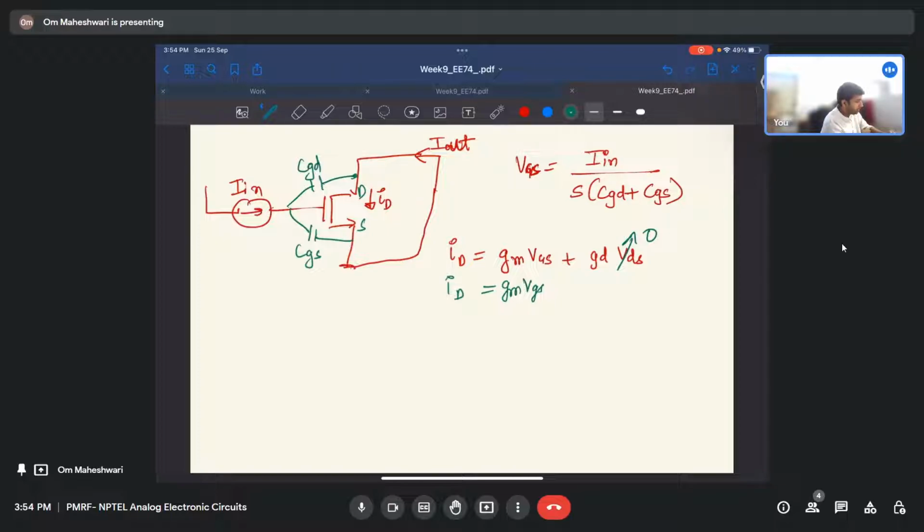And if we see what is ID, ID is the current through this branch plus I_out, right? So ID is I_out plus the current through CGD. The current through CGD is I_in into SCGD by (SCGS plus CGD), right?